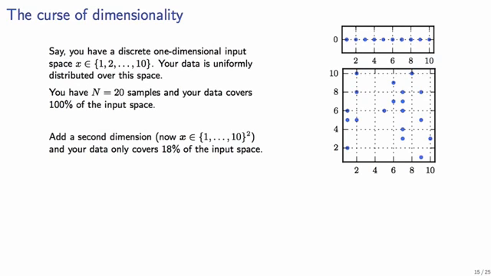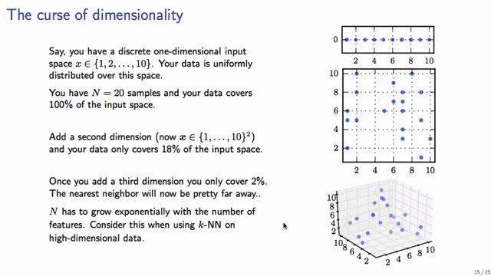If we add a second dimension to that, with the values again varying between 1 and 10, and randomly draw 20 samples, in this example, the data covers just 18%. Adding the third dimension only makes matters worse. Now we are only covering 2% of the input space. For k-NN, that means that the nearest neighbor will be pretty far away. It also means that in order to cover our whole input space, the number of data points n has to grow exponentially with the number of features.